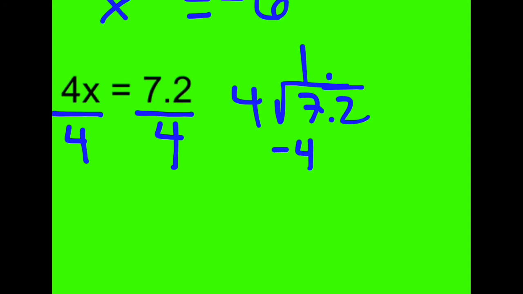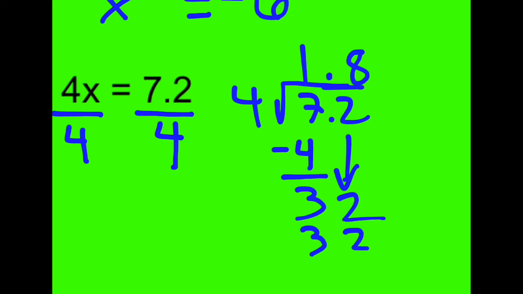And 7 subtract 4 is 3. Bring down the 2. 32 divided by 4 is 8. 8 times 4 is 32, and there is no remainder.